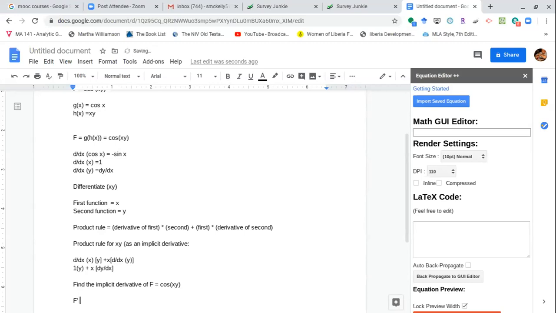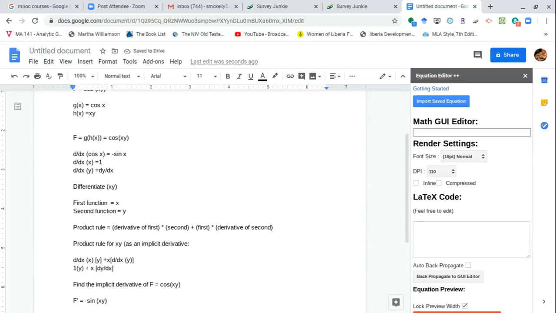f prime is equal to, first I'm going to differentiate the cosine and get negative sine. Copy the argument just like it is, xy. So there's my outside derivative.